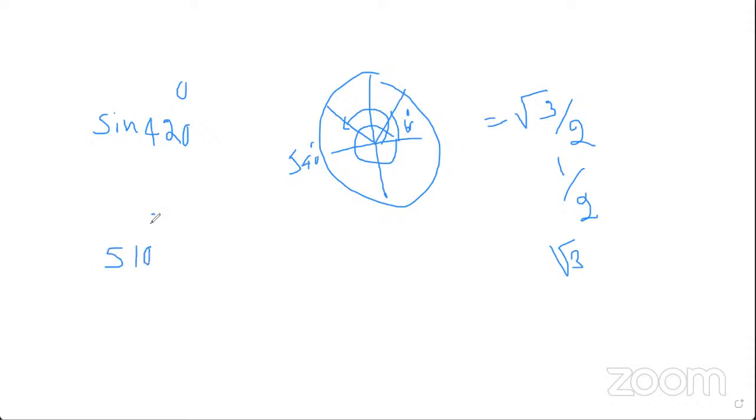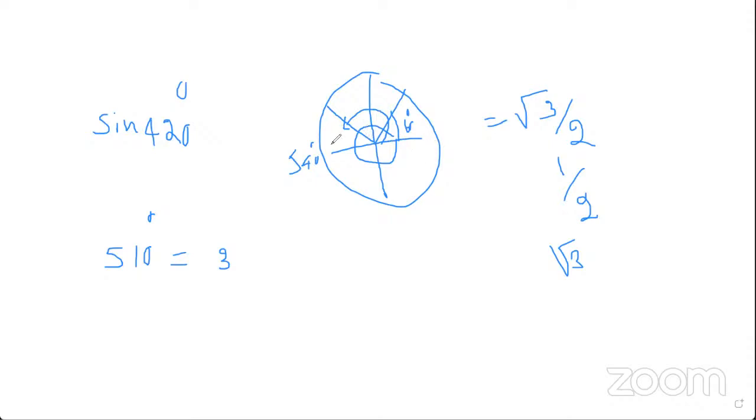How is this 510 occurring? You can say 300 after completing 360, but it is very close to 540. So don't go with 360 now.